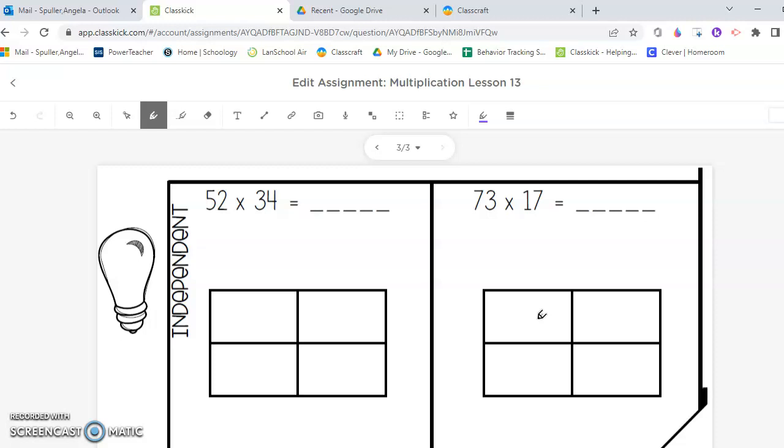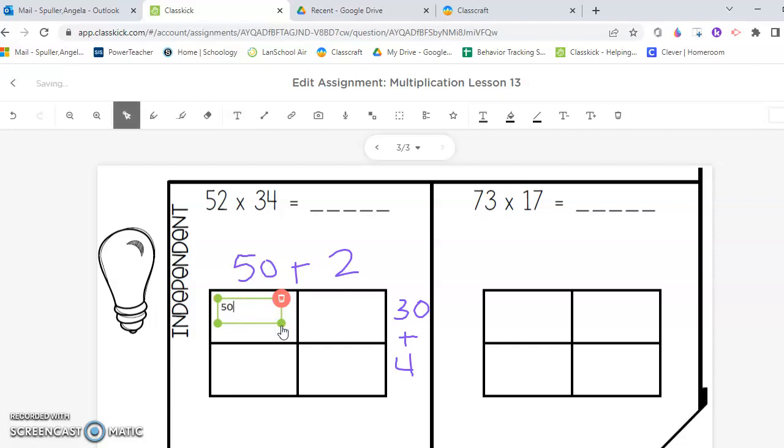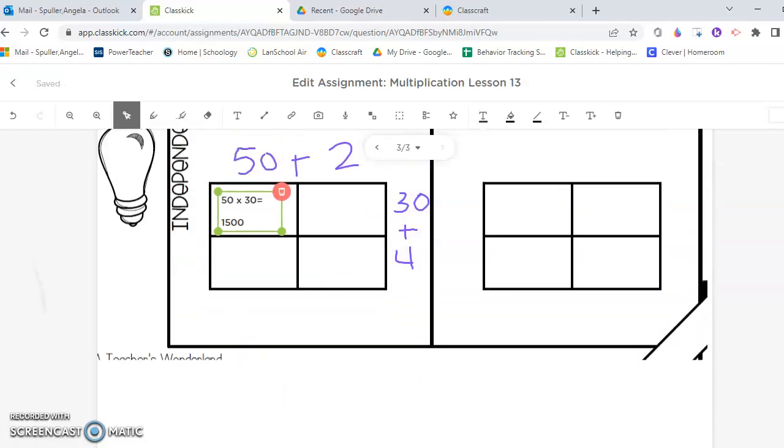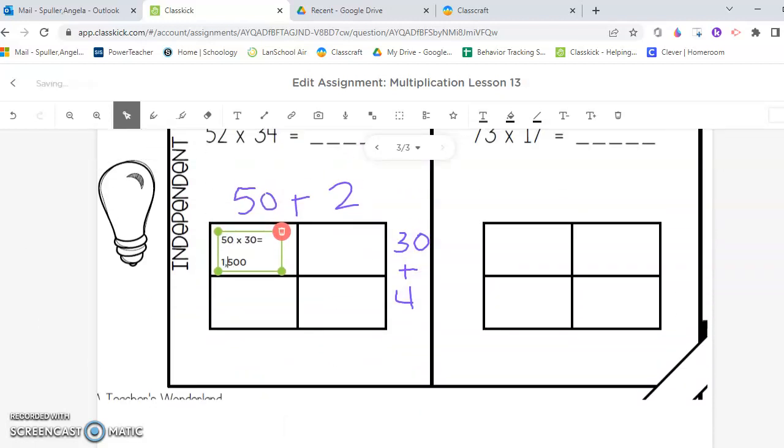All right, so on top you should have put 50 plus 2 and 30 plus 4. Let's get all of our products together. So we got 50 times 30 equals, that's 15, add 2 zeros. Go back and add my comma.